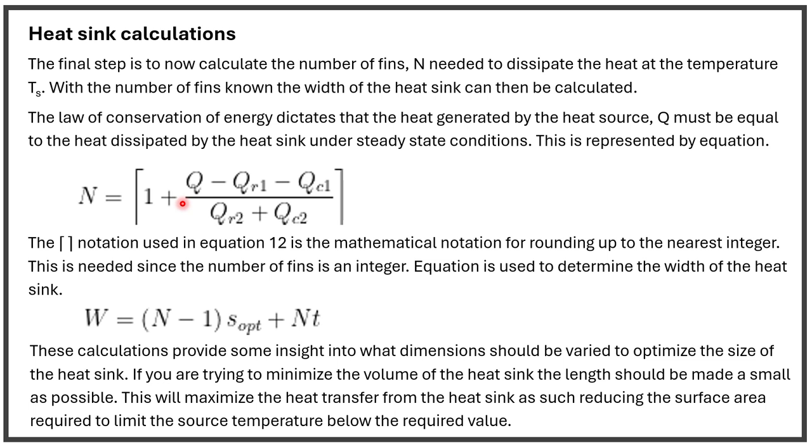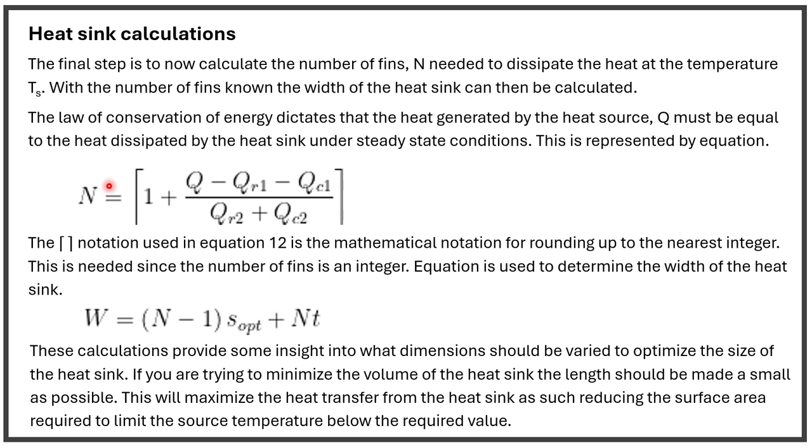The law of conservation of energy dictates that the heat generated by the heat source must be equal to the heat dissipated by the heat sink. So whatever heat is generated by a heat source, whether it is a chip or any other electronic equipment, must be transferred or dissipated by the heat sink under the steady state condition, and that is the basic assumption and consideration for calculation of the number of pins.